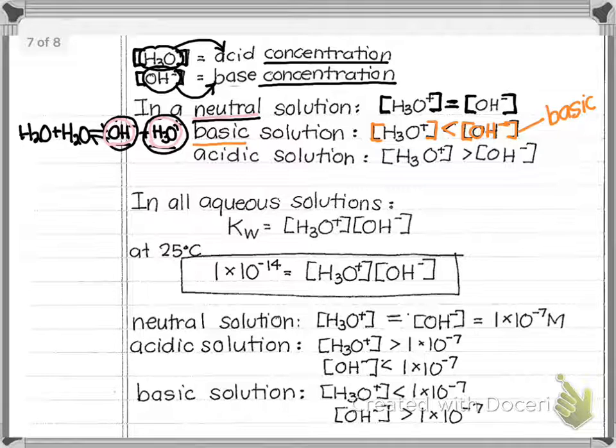And then following along a similar line, if something is acidic, it would mean that the acid concentration must be greater than the base concentration, and that makes it acidic. So in any given water solution, it's not that we have no acid or no base, but instead we have different conditions.